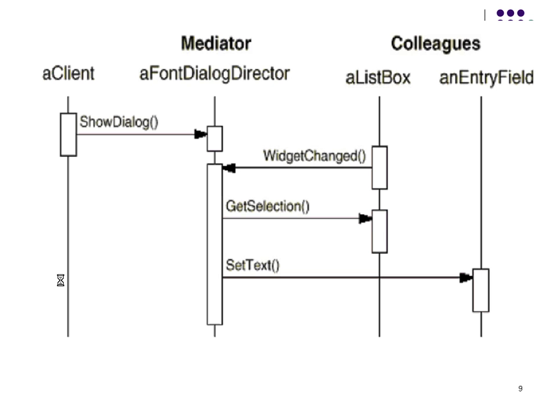So what is this picture? Typically a ladder diagram like this, what does it represent? Sequence diagram. So this is the sequence diagram of how things would work between an entry field, a list box, a dialog director and a client. So these ladders indicate each of those objects which are there in that GUI. The client would initially call the show dialog method of the dialog director.